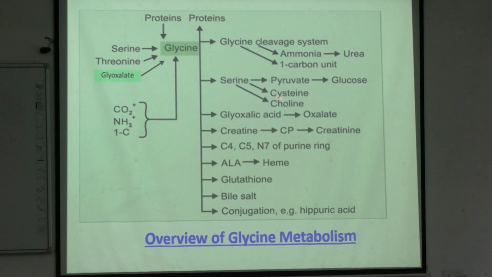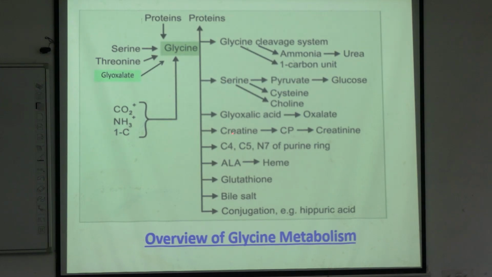Glyoxylate, you have seen, can form glycine, but again glycine can form glyoxylate also. It's a reversible reaction. Serine to glycine is a reversible reaction. Glyoxylate to glycine is also a reversible reaction. So I will show you all these things in detail.